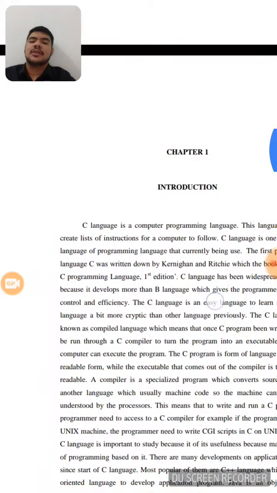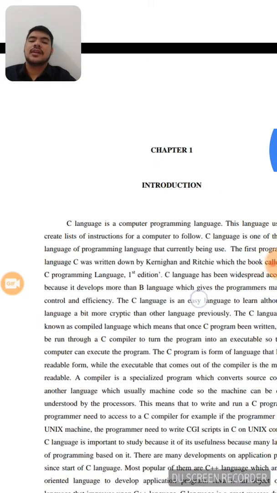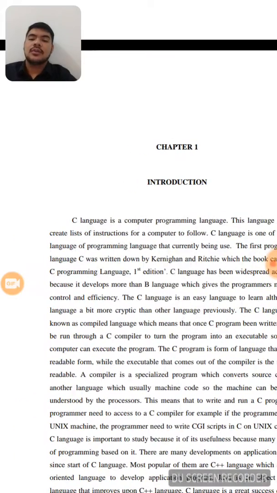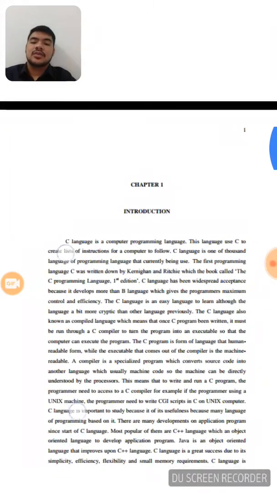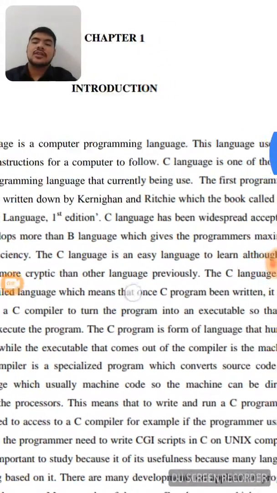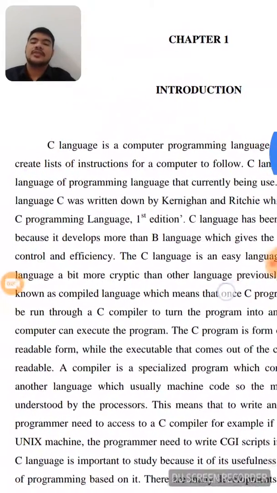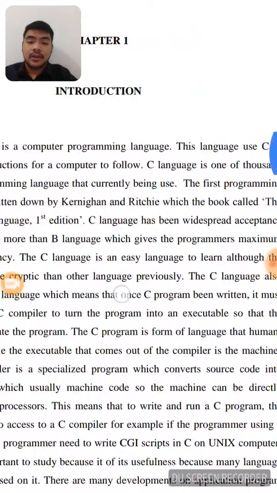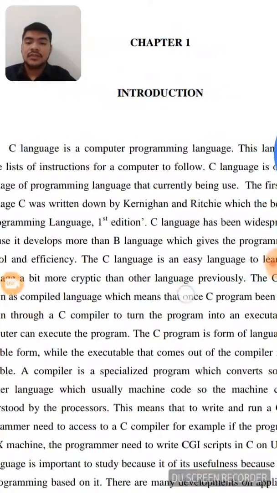The first C programming language book was written by Kernighan and Ritchie, called The C Programming Language. C language has gained widespread acceptance because it was developed from the B language, which gives programmers maximum control and efficiency.